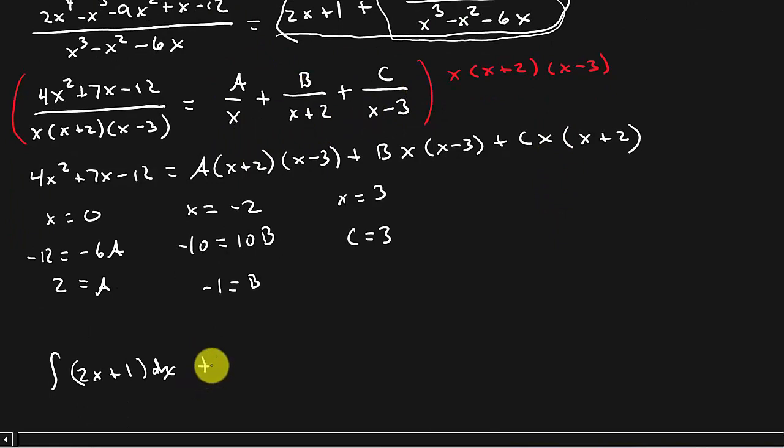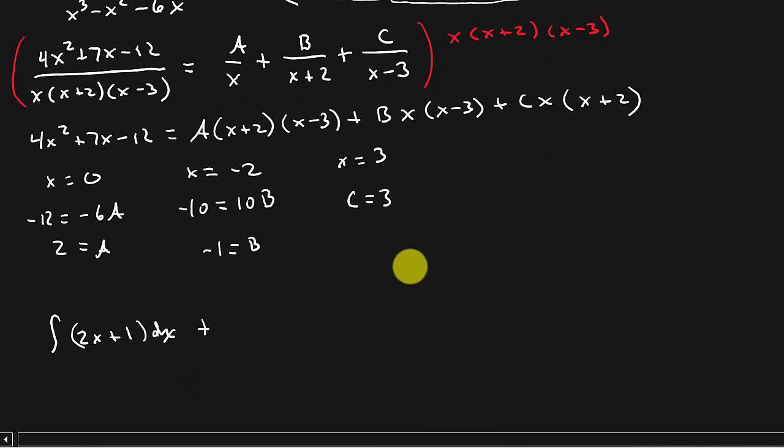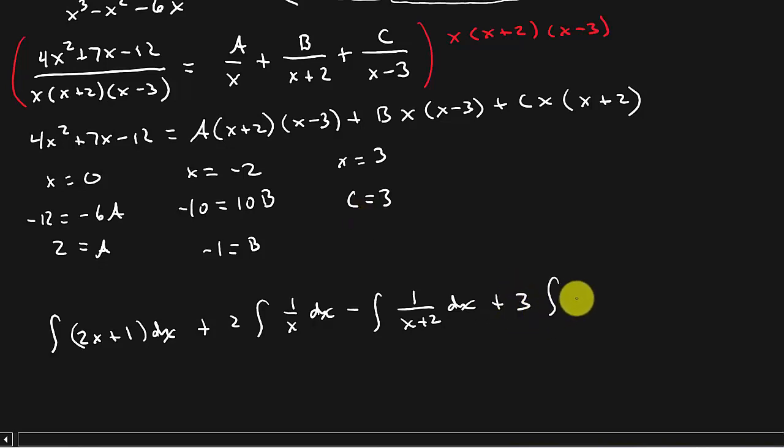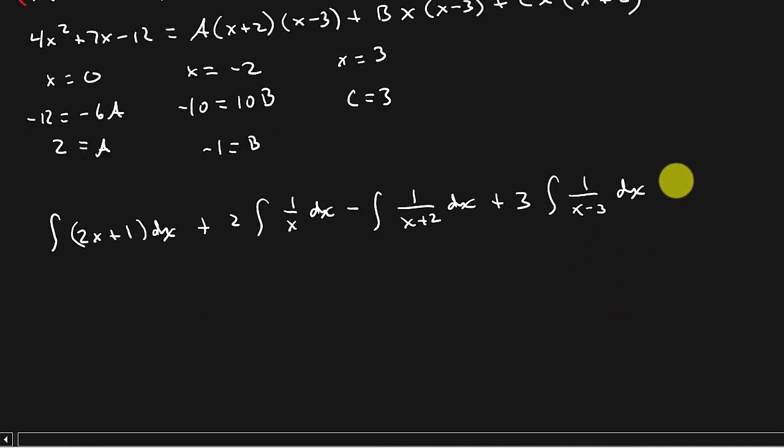So that's going to be plus, and remember what I told you, I'm going to pull these numbers out. So that's 2 times the integral 1 over x dx minus, so that's a minus 1, so I'm bringing the minus 1 out, 1 over x plus 2 dx plus, and then c is 3 times the integral 1 over x minus 3 dx.